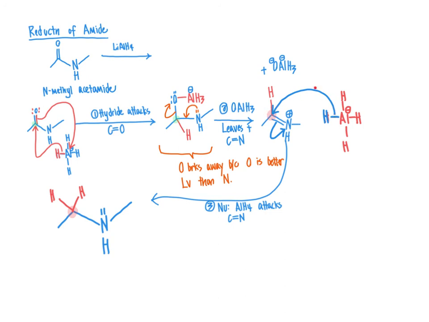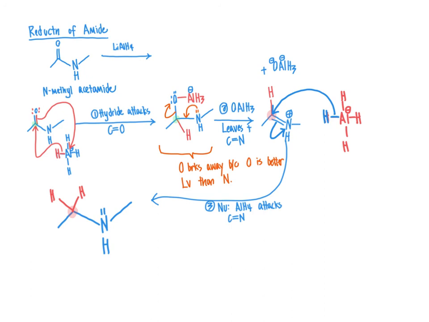We've had the hydride from aluminum hydride act as a nucleophile to come in and attack that carbon. That forces the pi bond to go out onto the nitrogen, creating a new carbon-hydrogen bond here in the final product. Our new carbon-hydrogen bond is one of these ones in red. And we now have a carbon-nitrogen single bond. And due to the movement of those pi electrons out onto the nitrogen, we have a lone pair on the nitrogen now in this final product.